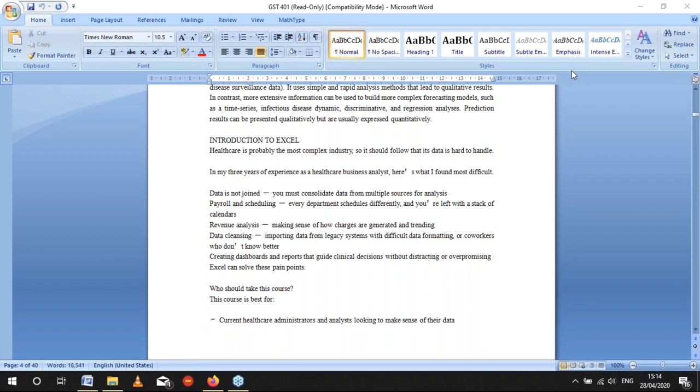You cannot mix the data for TB together with that of HIV, or the data for coronavirus with influenza. You cannot join them. Payroll and schedule you cannot do together either. Then revenue analysis is also a reason, and data cleansing. Those are the reasons why data is hard to handle in healthcare management.